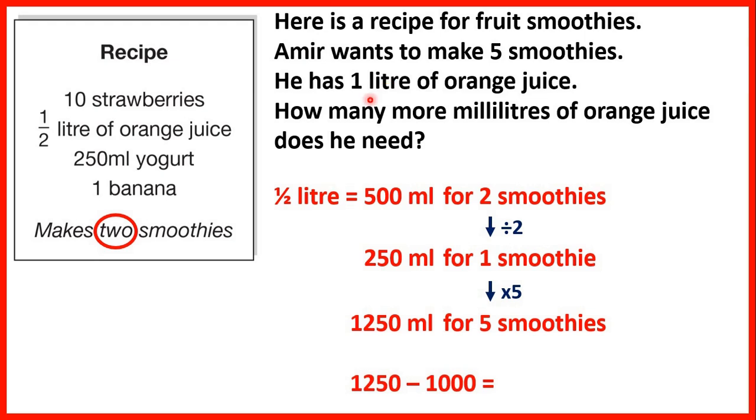So because the question asks how many more, we need to find the difference between what he needs and what he already has. If he already has 1000 but needs 1250, that means he needs another 250 millilitres. He needs 250 millilitres more.